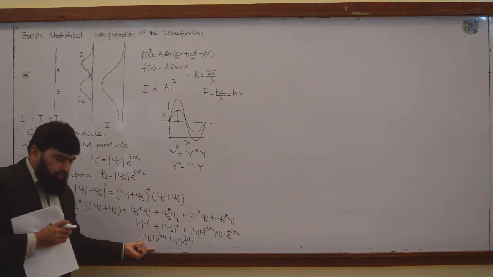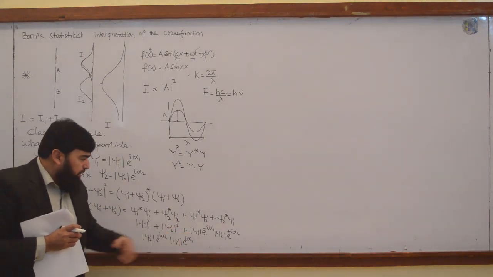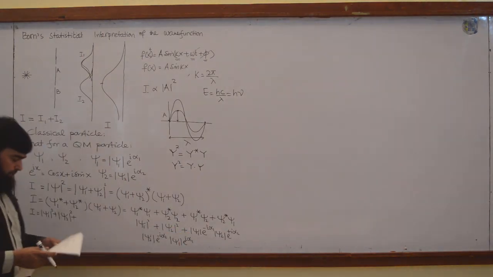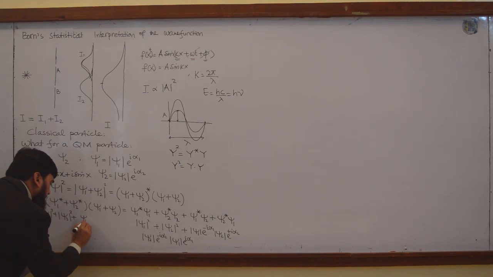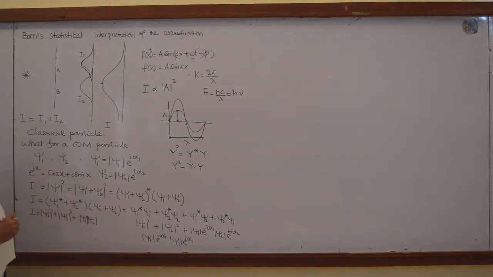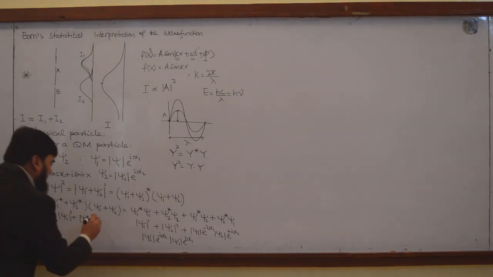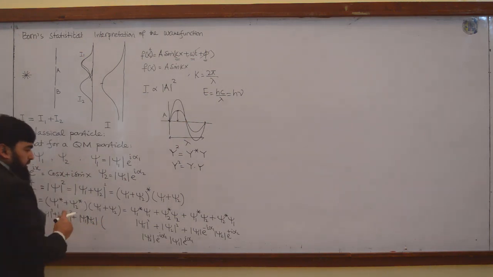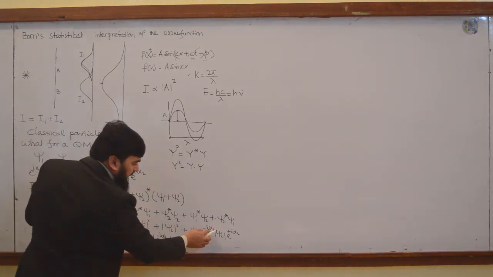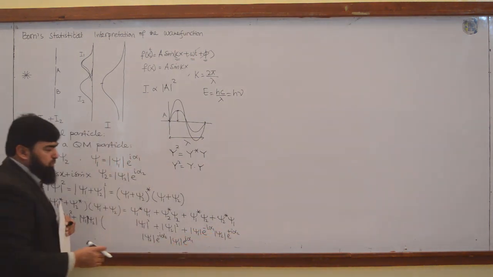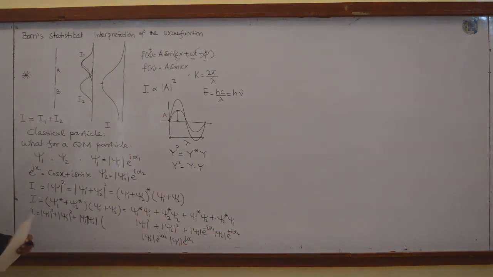So I can write them as common. Psi 1, psi 2 mods are common because now they are just magnitudes, and the rest will be e to the power i alpha 1 and i alpha 2.